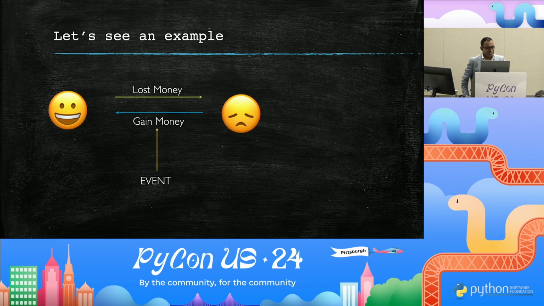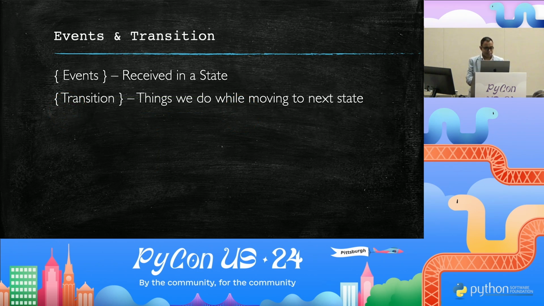So lost money and gain money are events. Events trigger a transition. For example, the user giving me two numbers is an event which triggers my transition from the user input state to the execution state. So this is the way you create a state machine.